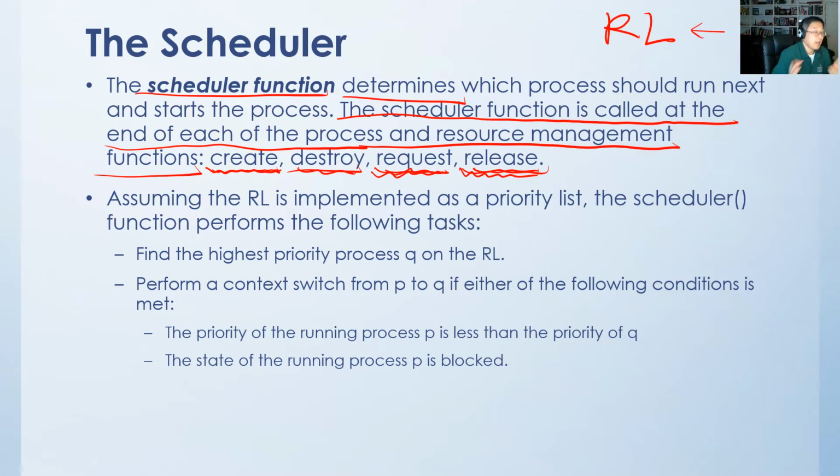So in this case, the scheduler will kick in and decide whether process P will continue to run or process Q is going to run, because if process Q has a higher priority than process P, then the operating system is going to kick process P out of the CPU and let process Q run. So there are various different scenarios. Okay, so the scheduler function will be kicked in every time something like this happens.